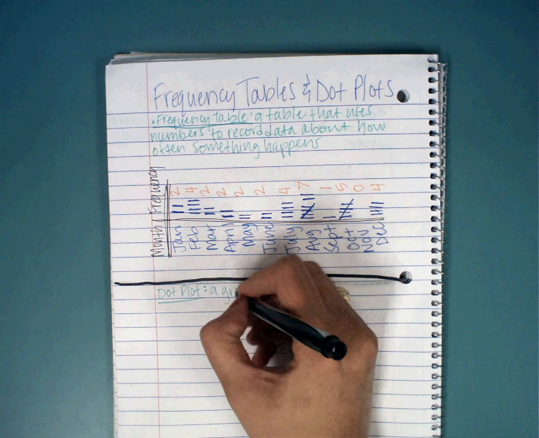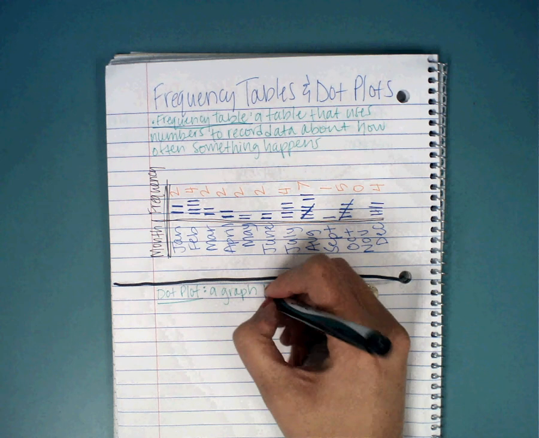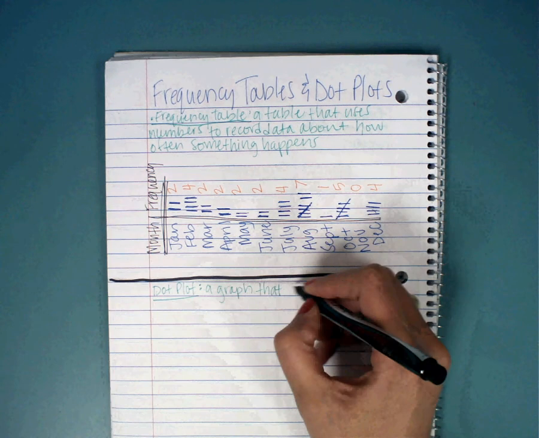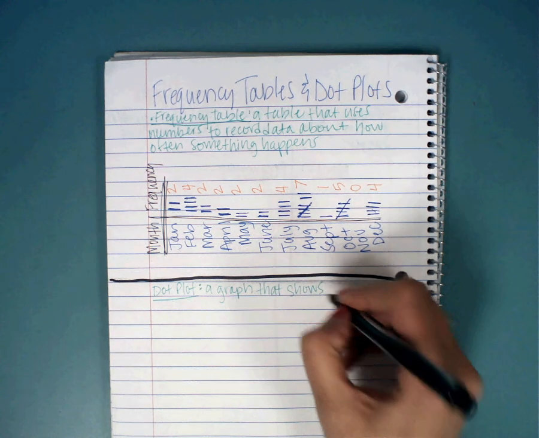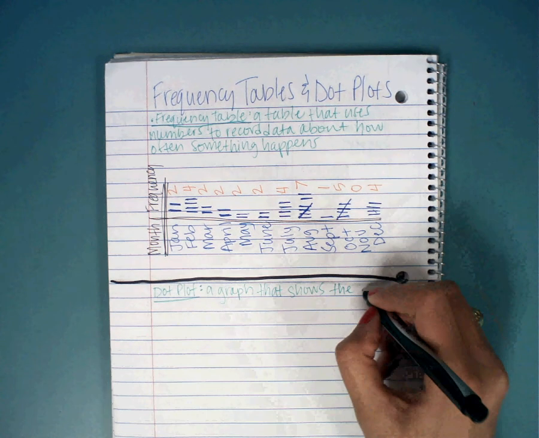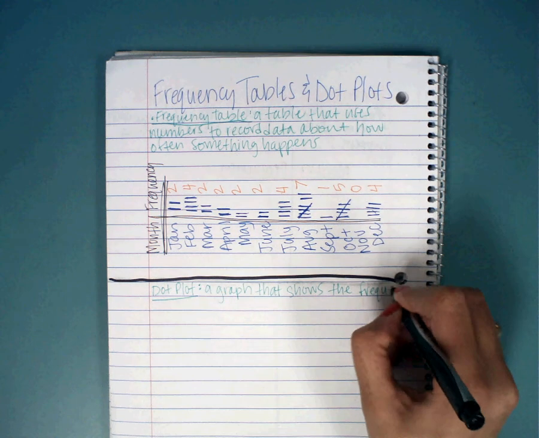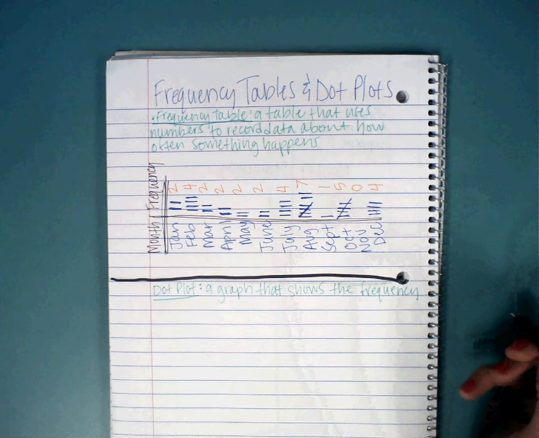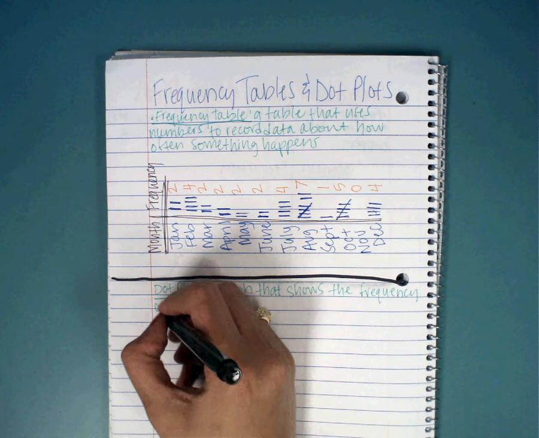Oh, there's that word again. The frequency of data along a number line.